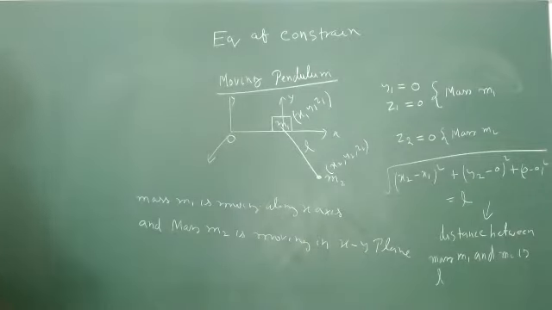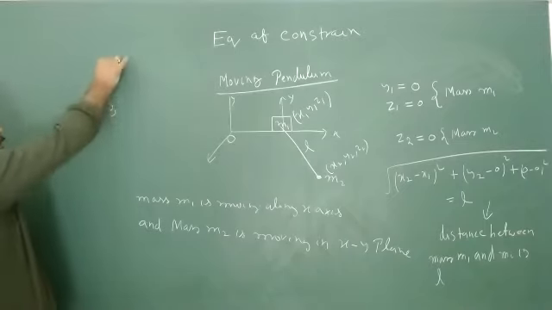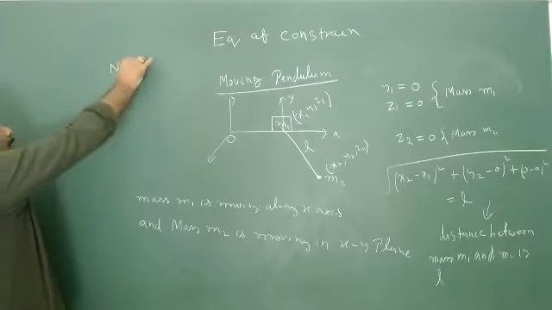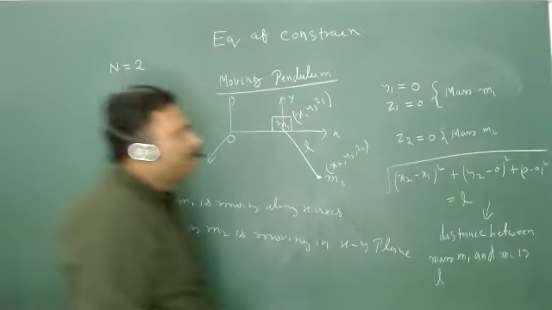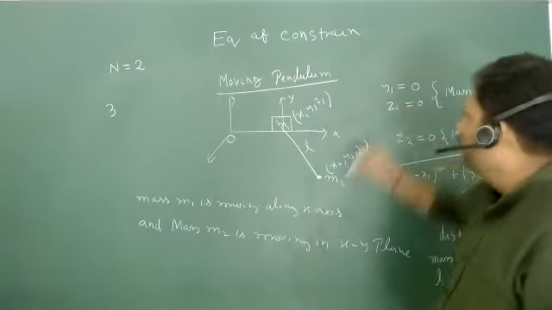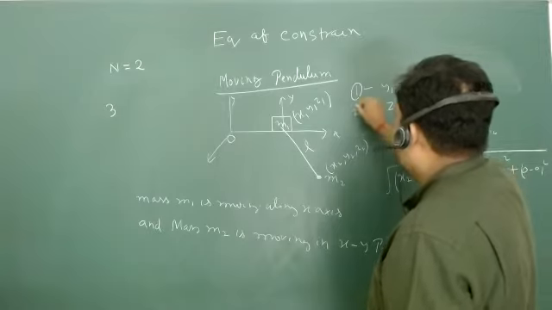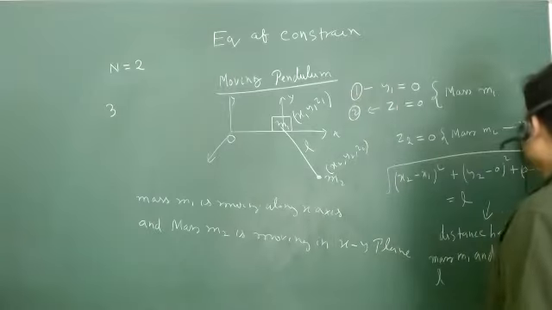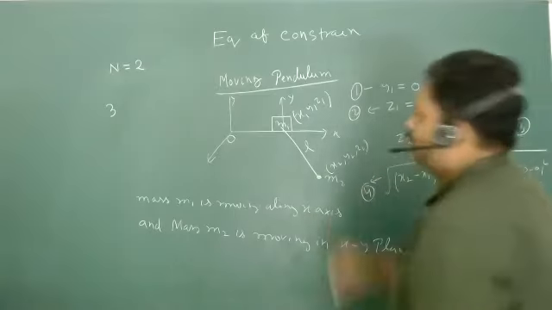So now what will be the degree of freedom? For the degree of freedom, how many particles are there? N is equal to 2. And how many equations of constraints are there? This is my first constraint. This is my second constraint. This is my third constraint. And this is my fourth constraint.